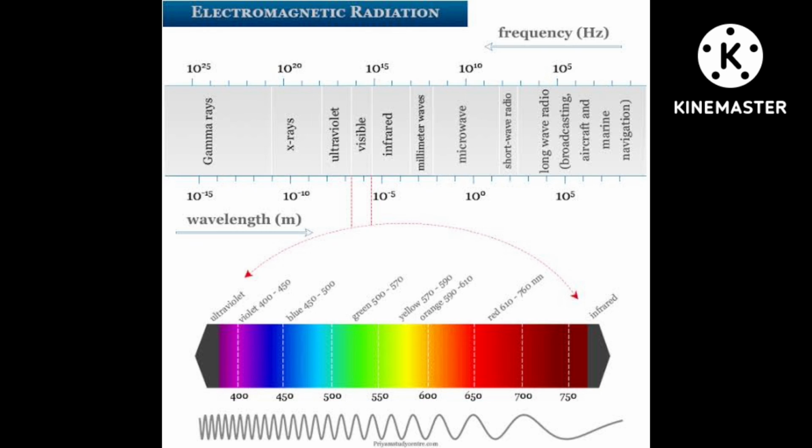Hence after solving, result will come 5.172 into 10 to the power 14 per second. In the same way, all numericals based on electromagnetic radiation are easy, you only have to understand the question.